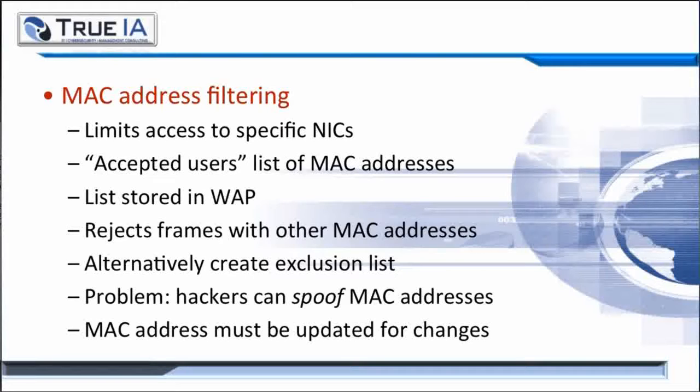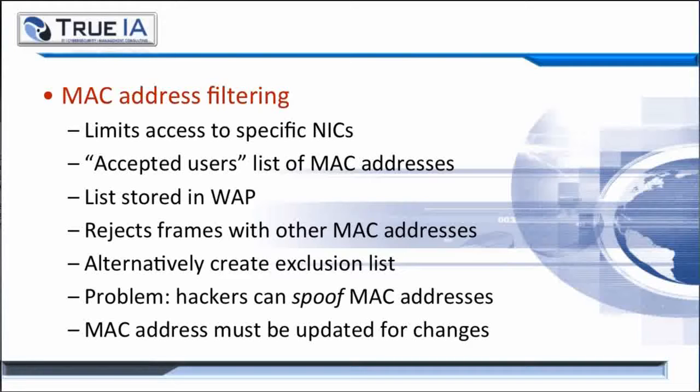Next is MAC address filtering. This limits access to the network itself by the specific NIC. Those NICs are associated with accepted users. The wireless access point will store all of these MAC addresses in a table. And if any device attempts to connect and that MAC address is not in its table, they will be rejected.